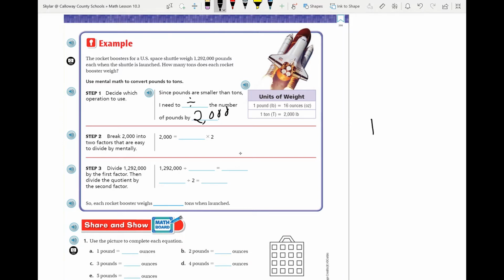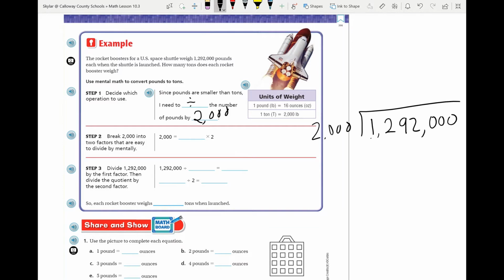We can do 2, 9, 2, 0, 0, 0 divided by 2,000. So I know it looks like a lot, but do not let this problem fool you. It is not that hard. You just need to do this like any other division problem. So how many times will 2,000 go into each of these things?